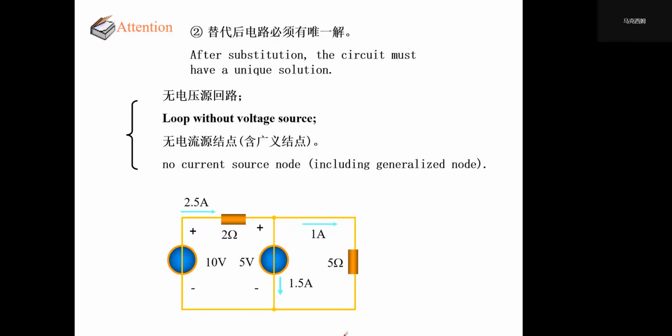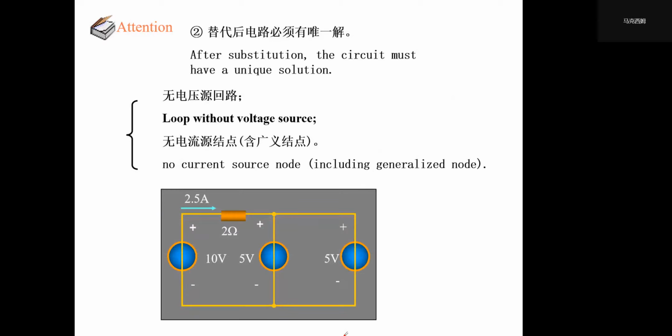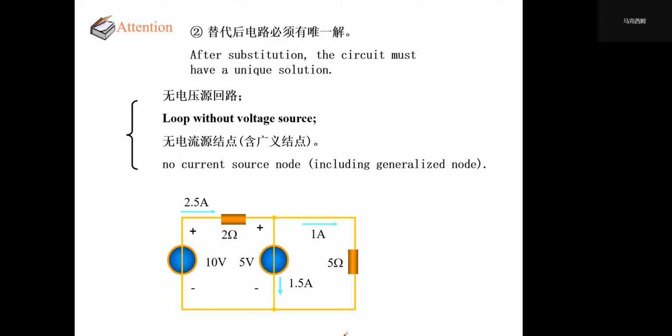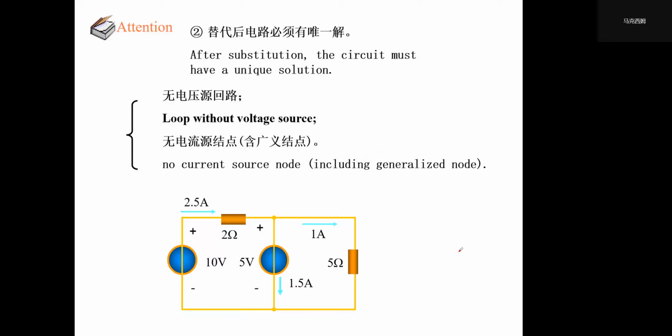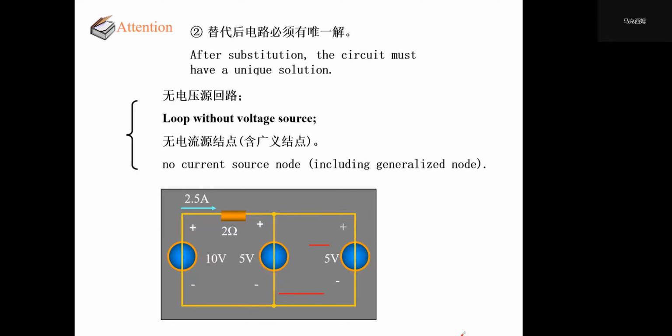And from the previous lesson, we have learned that if you have two parallel identical sources... But the current, you see that if you have a loop without voltage source and if you have no current source node, in this case we do not know the current distribution in this branch, right?